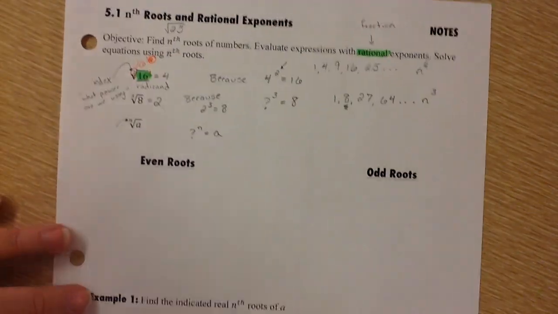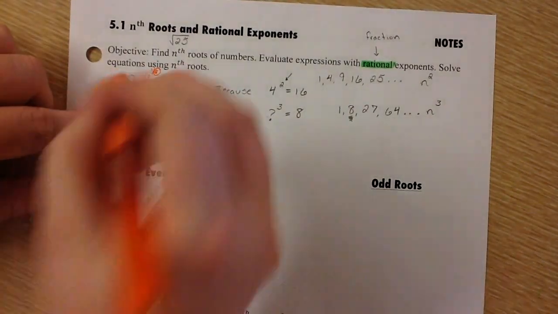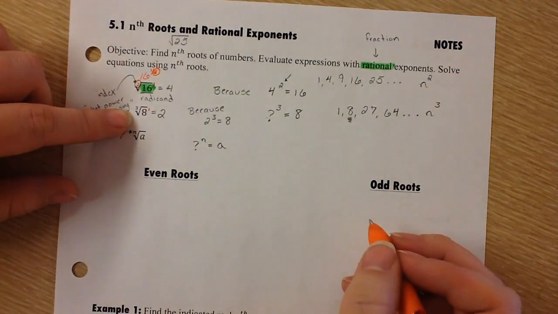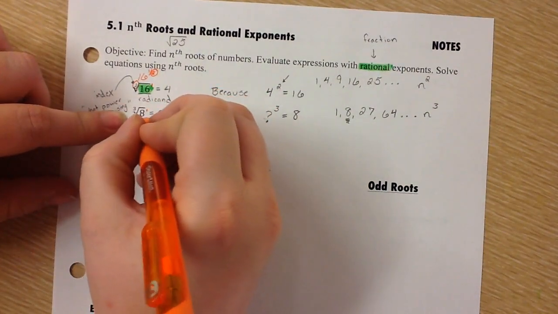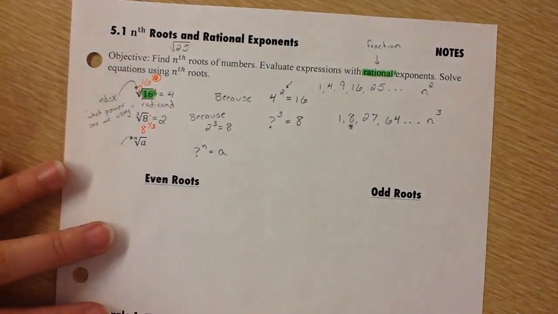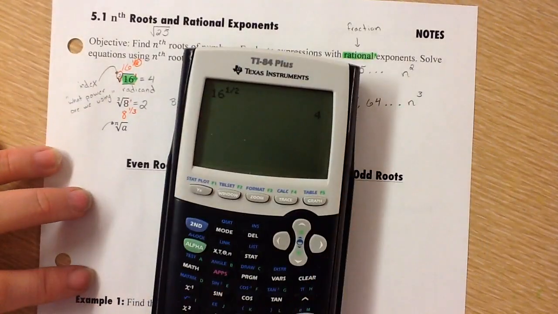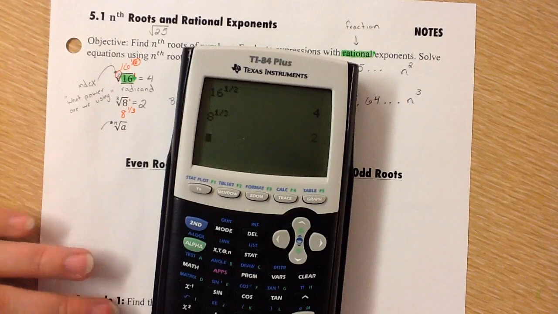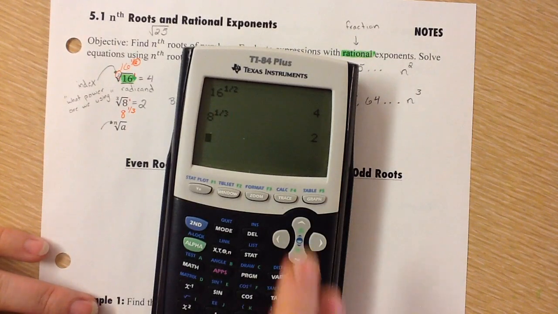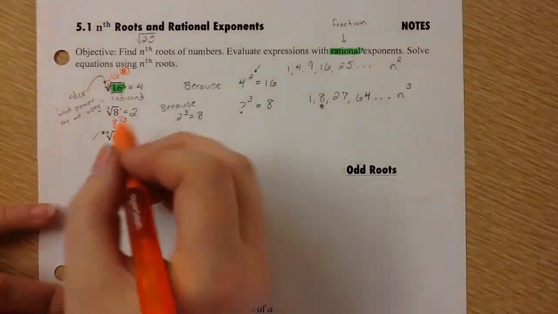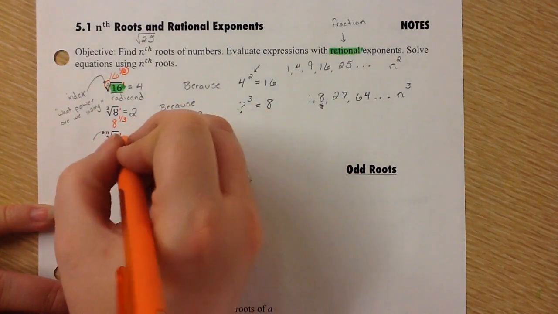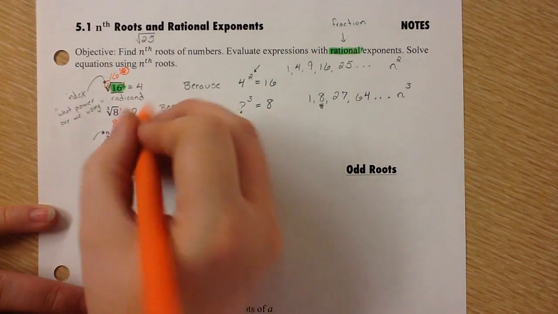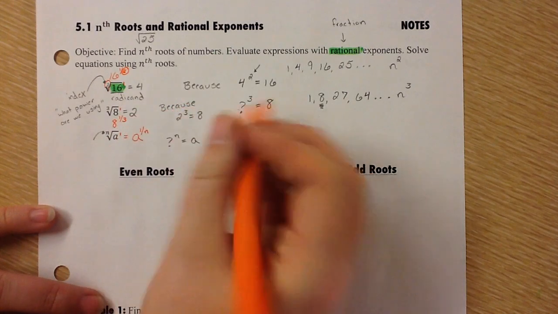So then the cube root of 8, again that's 8 to the 1, I would write as 8 to the 1/3. Now I can evaluate this in my calculator. 8 to the 1/3 is 2, and that's what we ended up getting. So if I have the nth root of a, that's a to the 1, this is the same as a to the 1 over n.